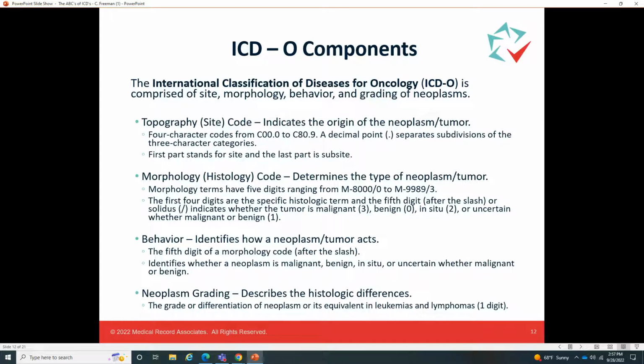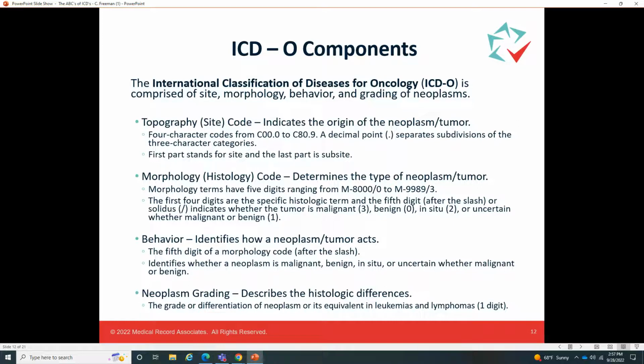Morphology or histology codes determine the type of neoplasm and/or tumor. Morphology terms have 5 digits, ranging from M8000/0 to M9989/3. The first 4 digits are the specific histologic terms, and the 5th is the behavior.